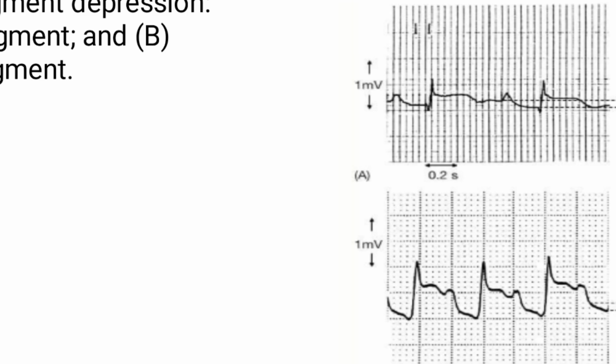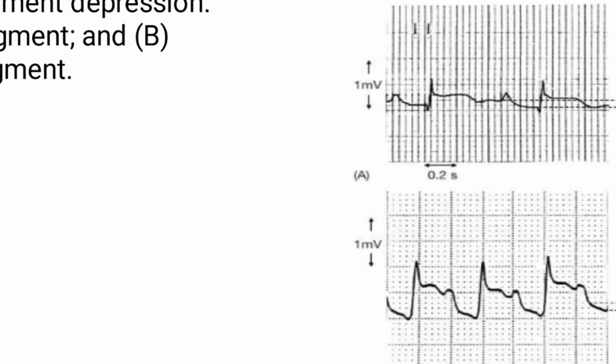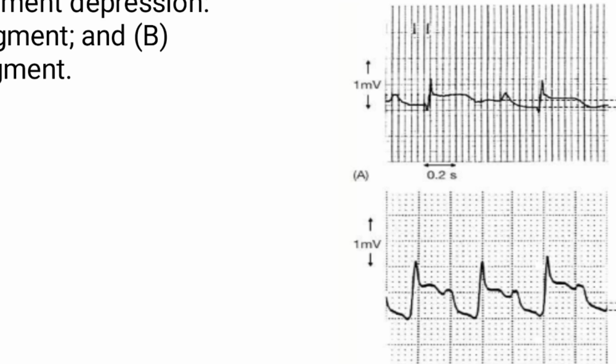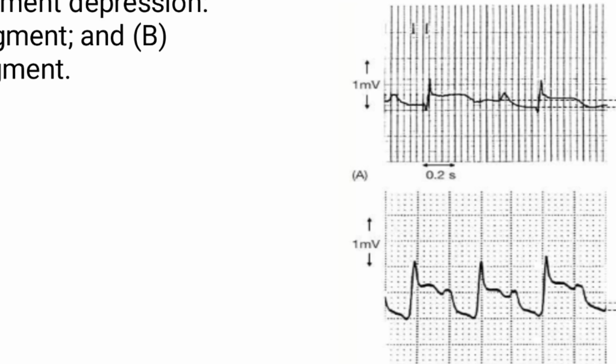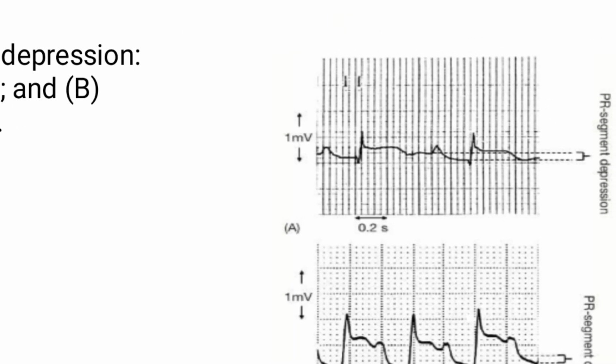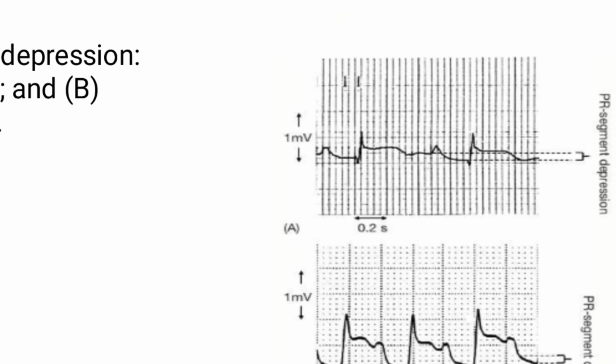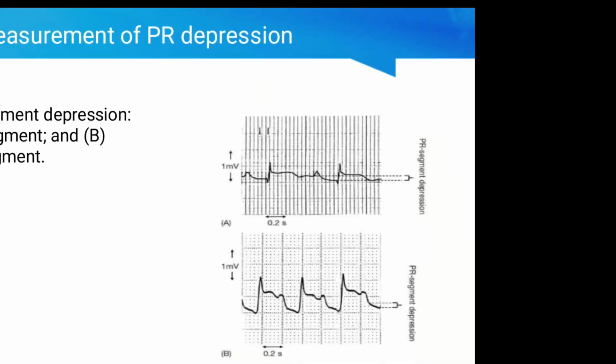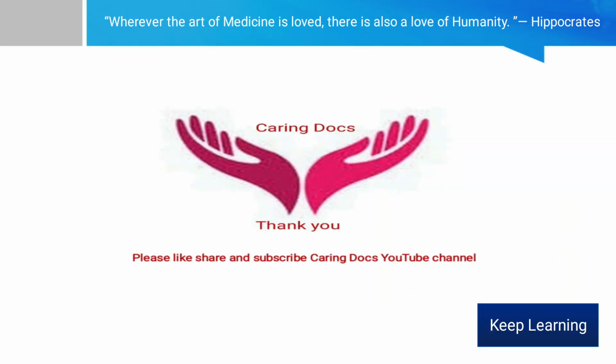Normally, one large box is 0.5 millivolt in amplitude, and two large boxes contribute about 1 millivolt. We can see the baseline and the PR segment elevation or depression, and thereafter we have to calculate that.